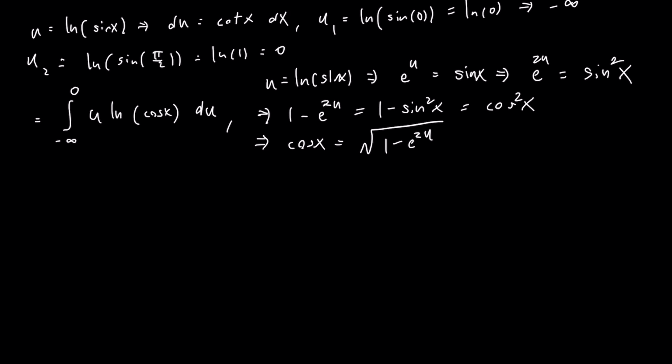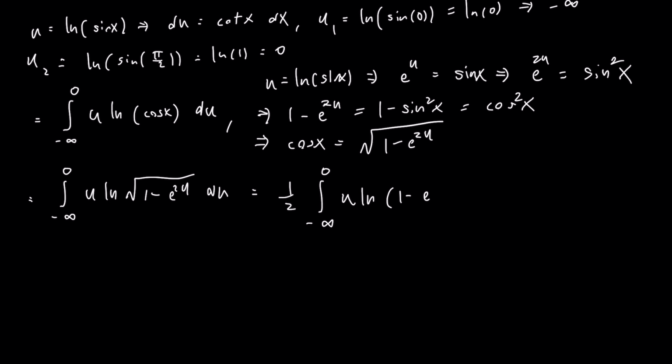So using this, we have the integral from negative infinity to 0 of u, the natural log of the square root of 1 minus e to the 2u, du. But using logarithm rules, we could rewrite this as 1/2 the integral from negative infinity to 0 of u, the natural log of 1 minus e to the 2u, du.